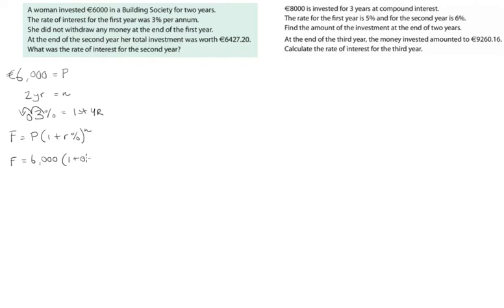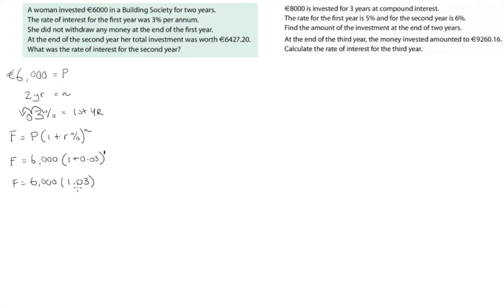So it's 1 plus 0.03. And the N, the number of years, well, at the moment, we are only looking at the first year, okay? So it just is 1, which is great because we don't have to do anything with it then. So F equals 6,000 multiplied by 1.03.